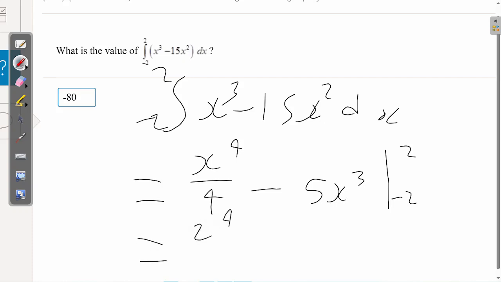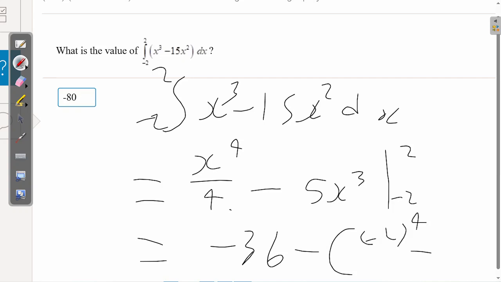So 2 to the power 4 over 4 minus 5 times 2 cubed, and this will be what? This will be equal to negative 36. So negative 36 minus, negative 2 to the power 4 over 4 minus 5 times negative 2 cubed.